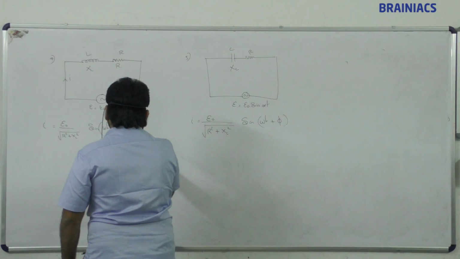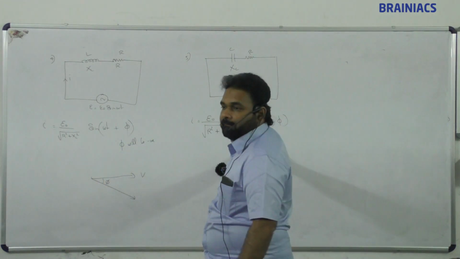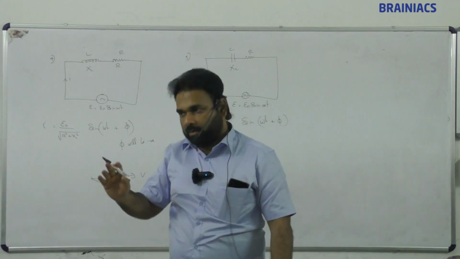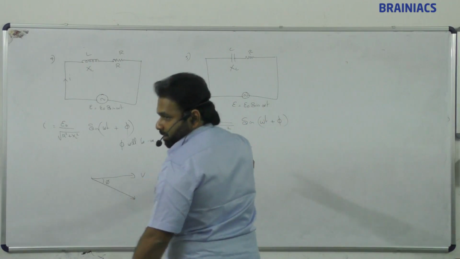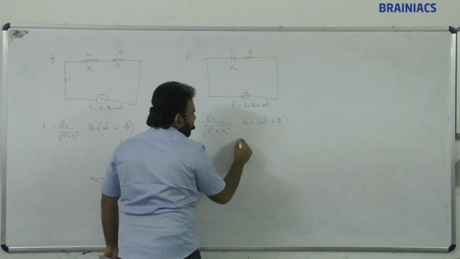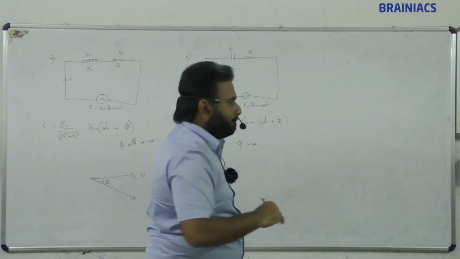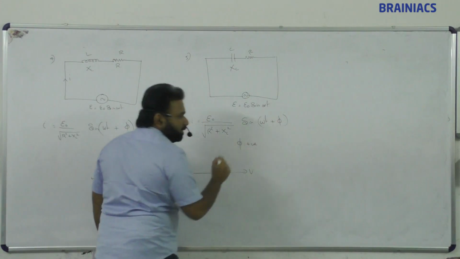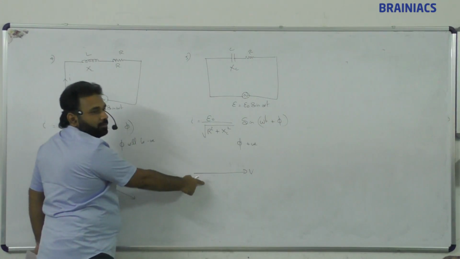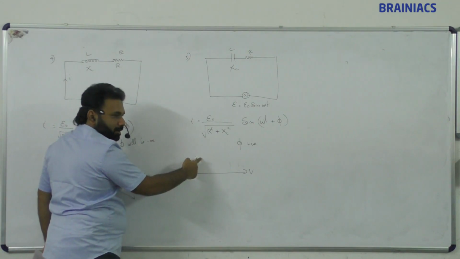Capacitor current leads, so definitely this phi will be positive. Clear? So when voltage is here, I should draw current here only.